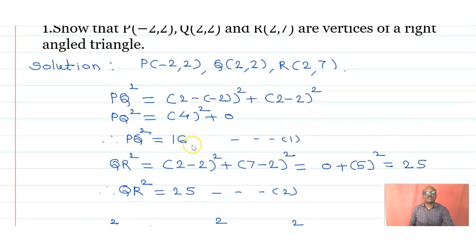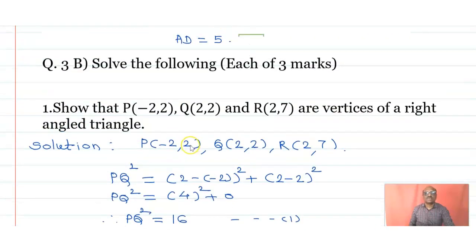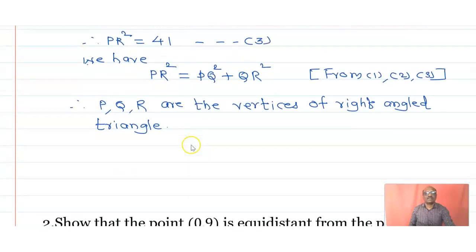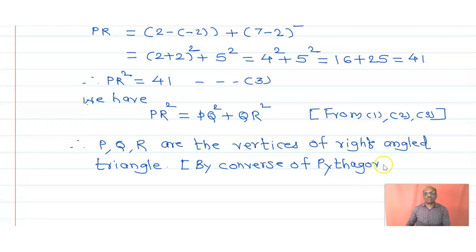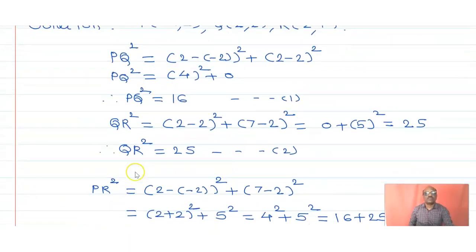Okay. Easy question. These are the vertices of the right angle triangle. And what is the reason here? By the converse of Pythagoras theorem.